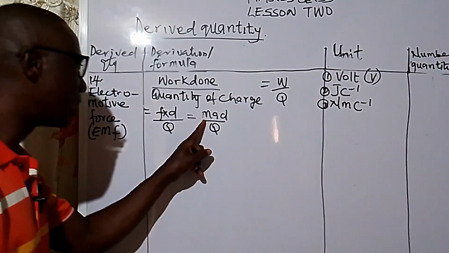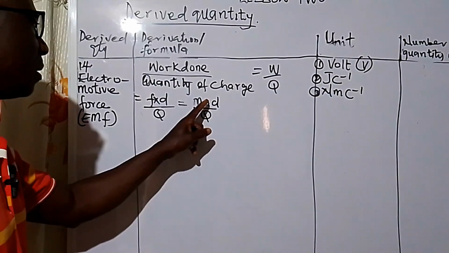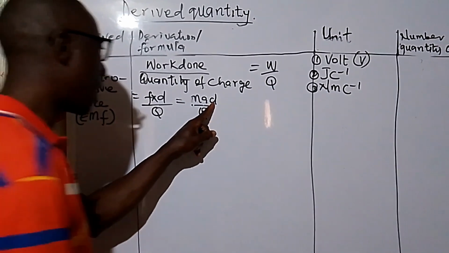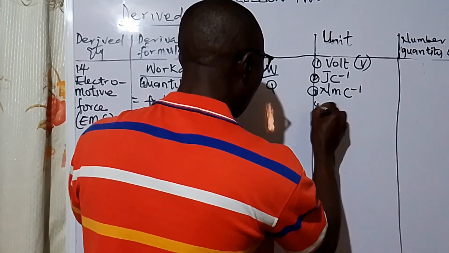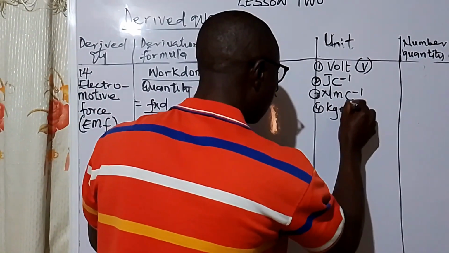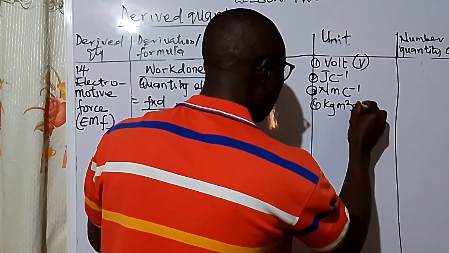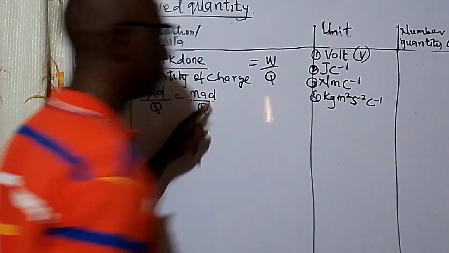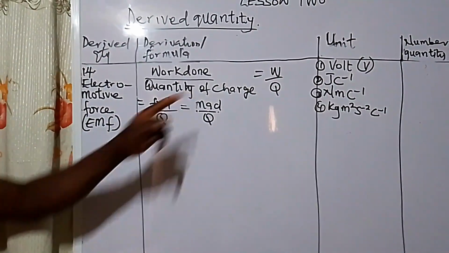Mind you, this one will be kilogram. Acceleration is meter per second square. This is another meter. So we are going to have number 4, kilogram meter square per second square per coulomb. That is another unit from this point.